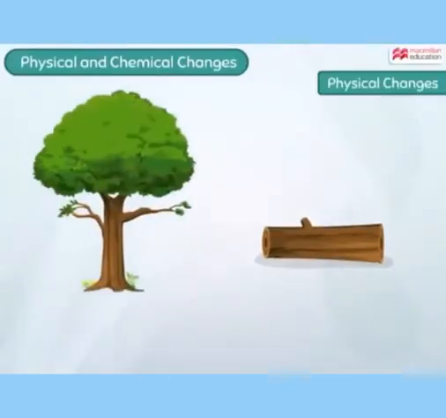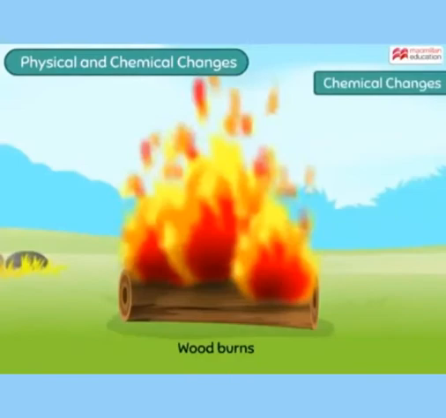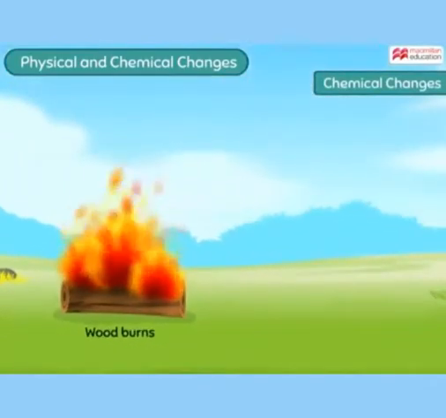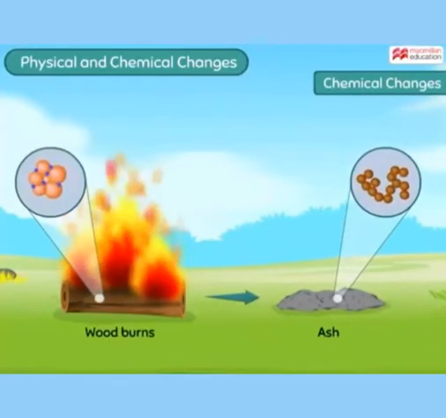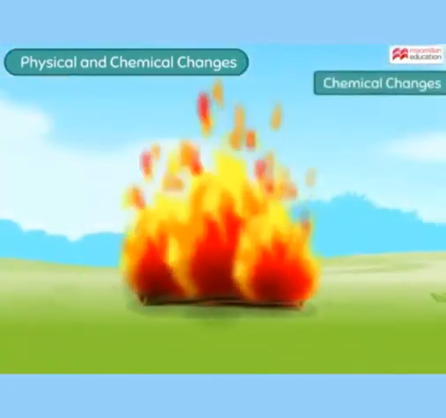Here is a log of wood. Even after being cut from the tree, the wood molecules remain the same. But what happens when this log of wood is set to fire? Upon burning, the wood changes into ash and ash is a new substance which has different chemical properties than wood and it cannot be changed back into wood again.